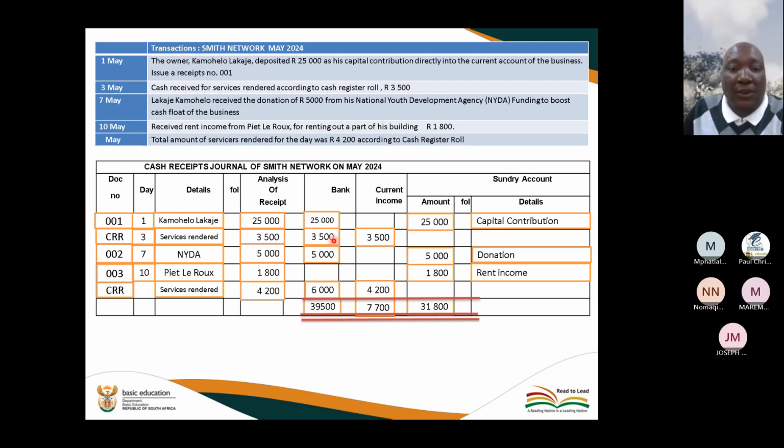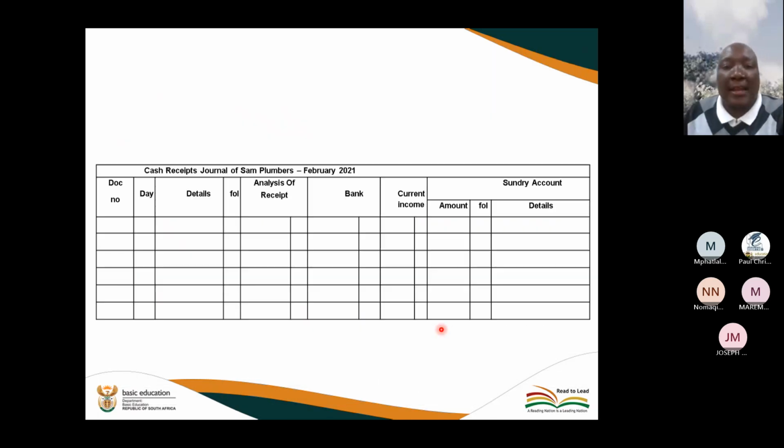You don't add analysis of receipts. Just remember that. So that is how you close off the account. When the transaction says close off the account, it means that you must add all this amount so that you can get the total, which is like here, 39,500, 7,700, 31,800. Now let us go to the next example.